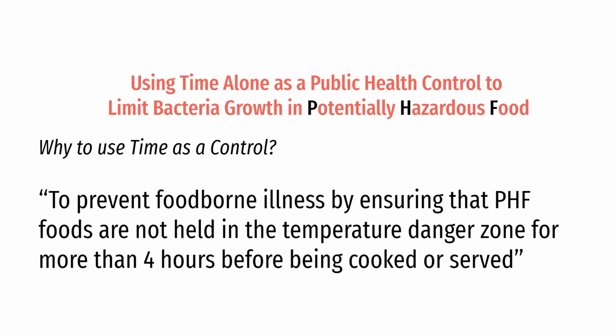It is done by ensuring that food is not held in the danger zone temperature for more than 4 hours before being cooked or served. In certain situations, food may be held without temperature control and still be safe. It is done by ensuring the food is served or discarded within 4 hours after it is removed from temperature control.